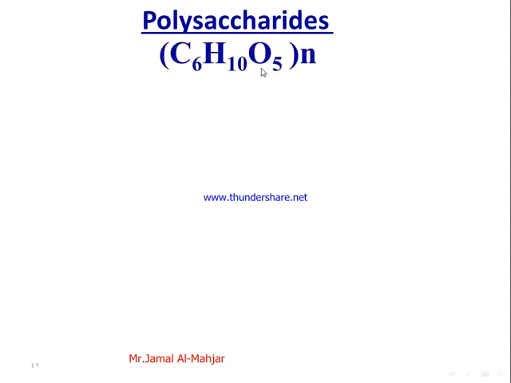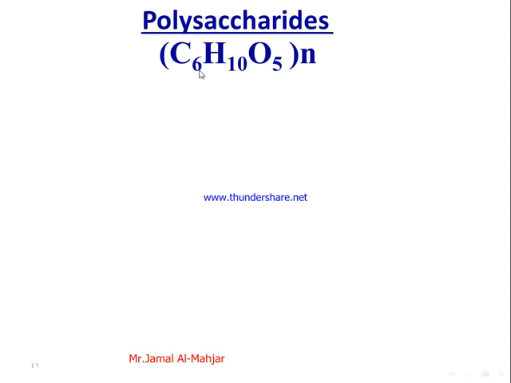Polysaccharides, the general formula for polysaccharides is C6H10O5 by N. This N should be more than 10 units of monosaccharides. Why do we write this formula?